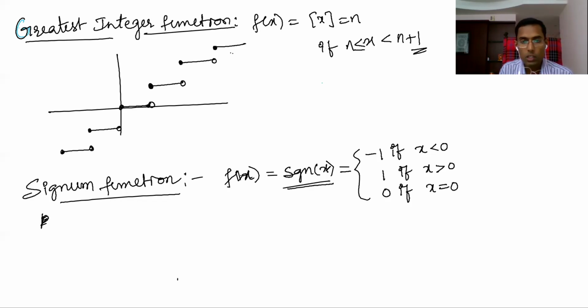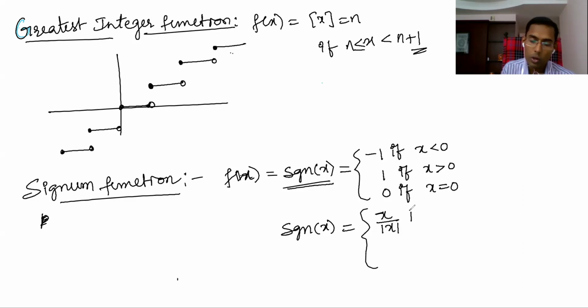So f of x equal to signum of x is defined like this, and it can also be represented another way. Signum of x equals x by mod x, or mod x by x, if x is not equal to 0, and this is 0 if x is equal to 0.